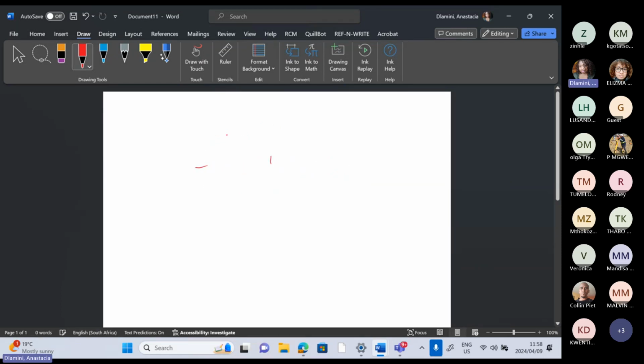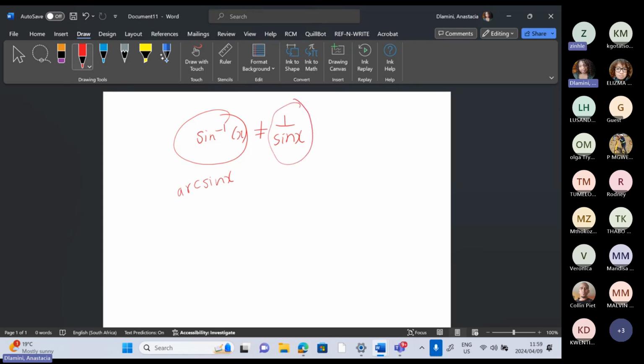If you say arc sine like this, right? This is not equal to 1 over sine x. Please don't confuse that. We call this the arc sine of x. Now, how are we going to represent an inverse in this work? We're going to represent it like this.